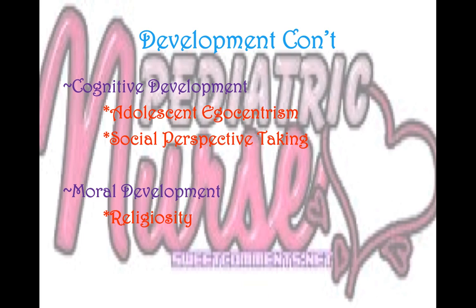So when we're teaching families and caregivers about cognitive development of the adolescents, you want to let them know that they're likely to begin questioning many things previously learned, and they are capable of reasoning problems out for themselves. Adolescents will often begin re-examining many parental rules, values, and explanations.